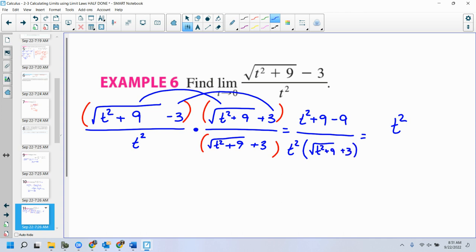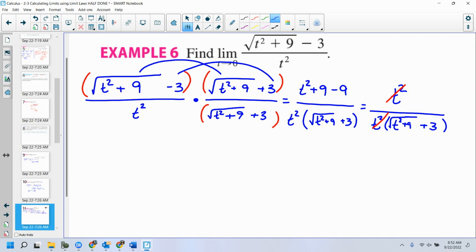Maybe you already see why. You see now? That t squared is going to cancel, leaving us with 1 over the square root of t squared plus 9 plus 3.